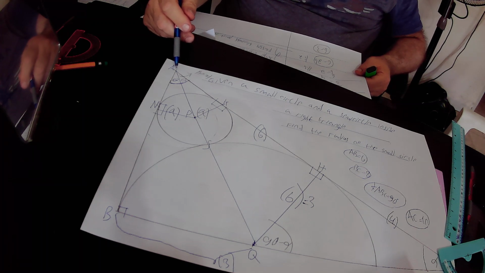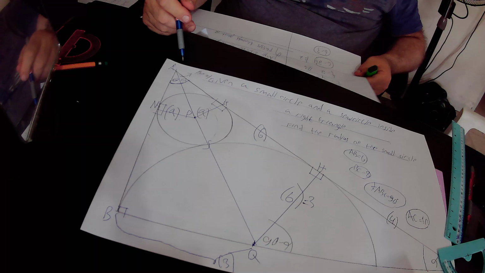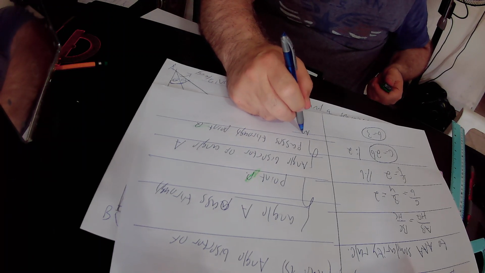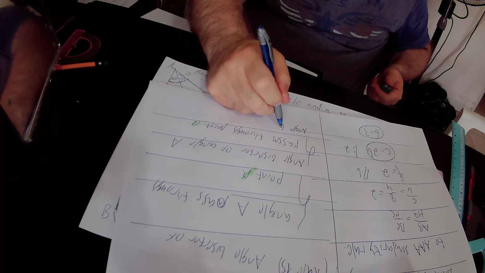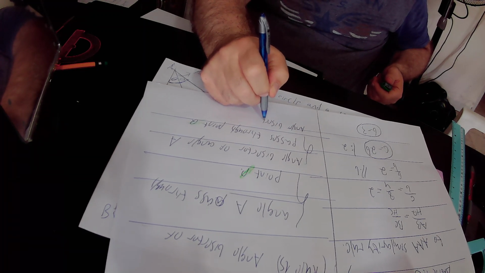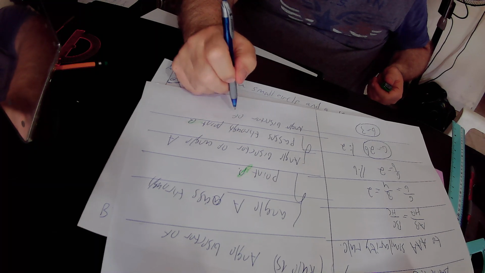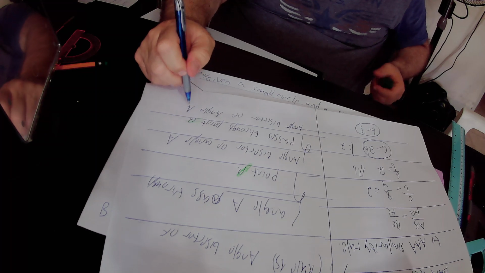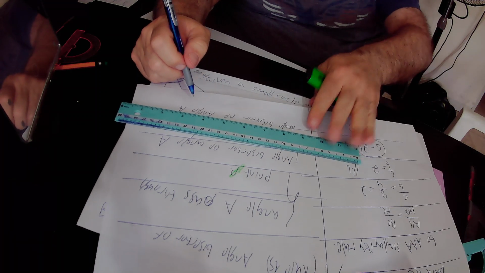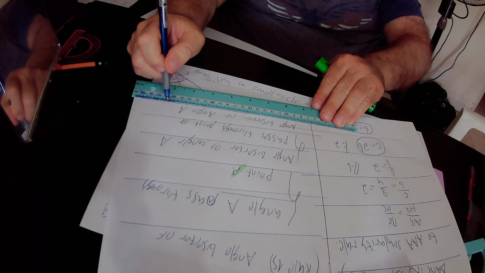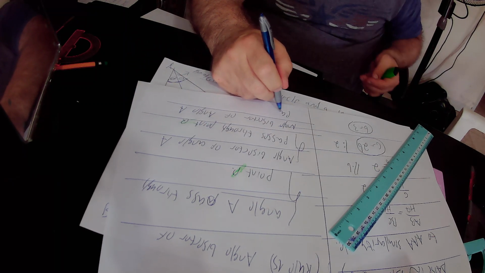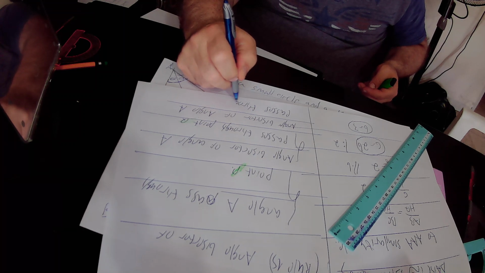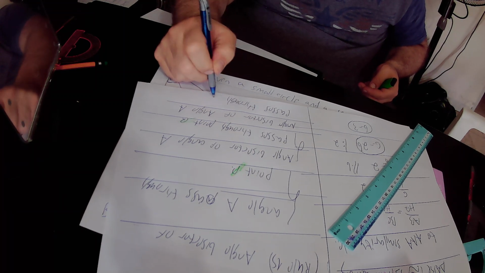Again, the angle bisector of this angle A must pass through point A. So it is known that the angle bisector of the same angle A passes through point A.